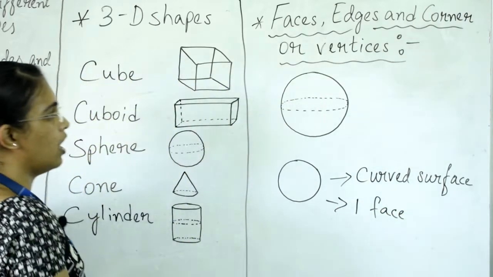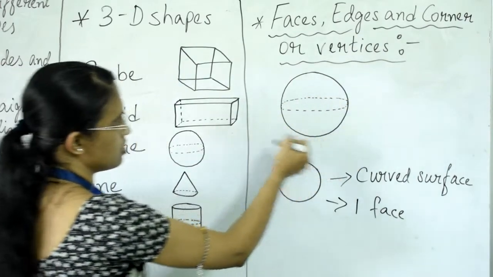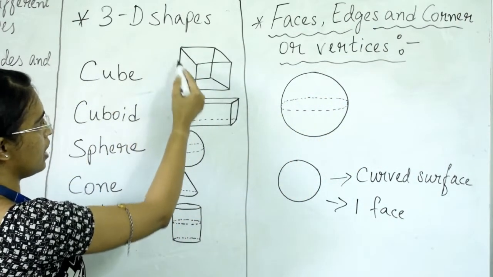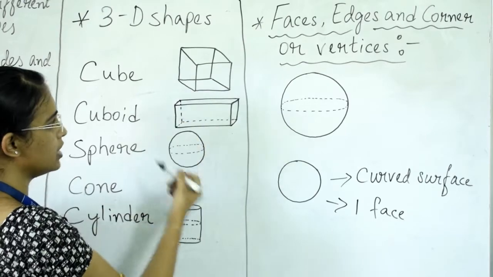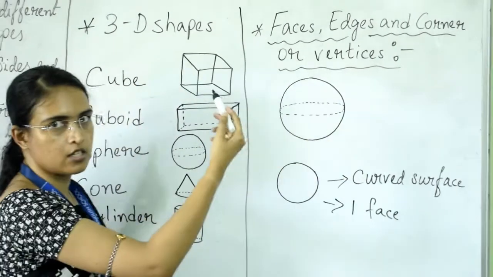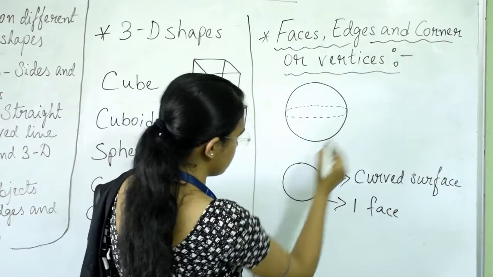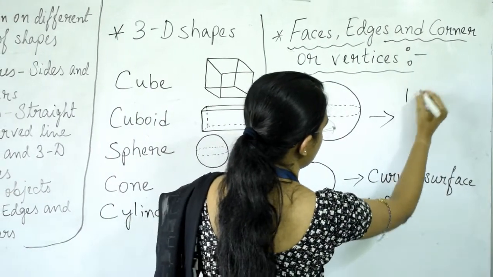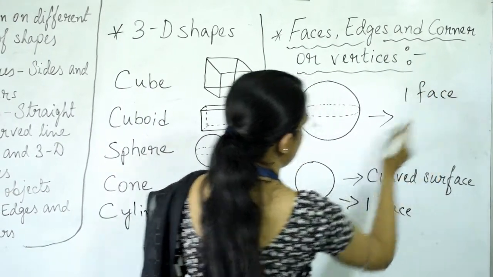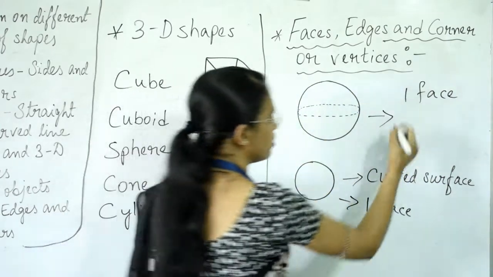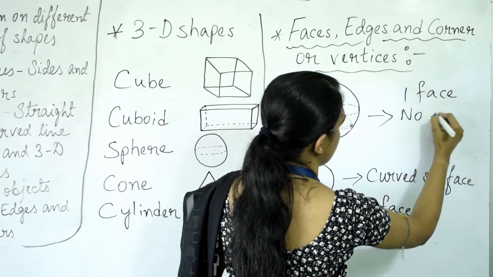And are there any edges, like in a cube or cuboid? Does a sphere have any edges, any lines? No. That means a sphere has one face but no edges.